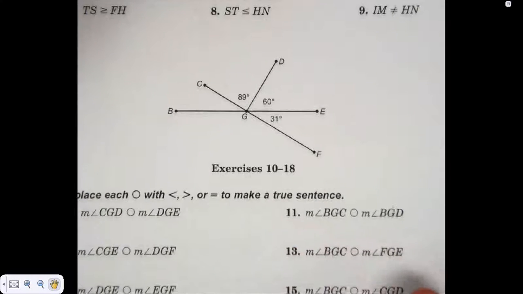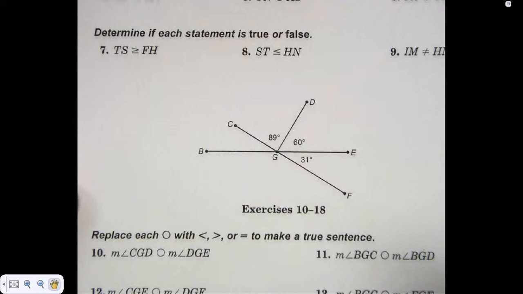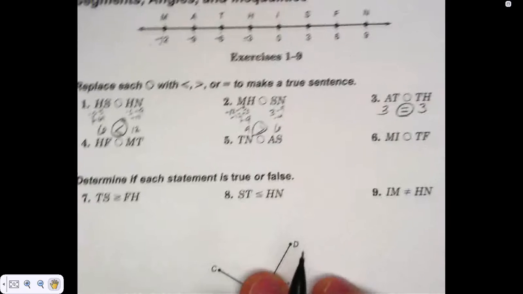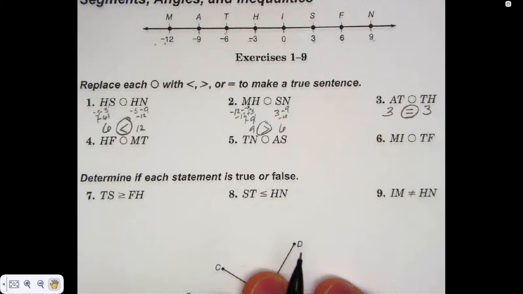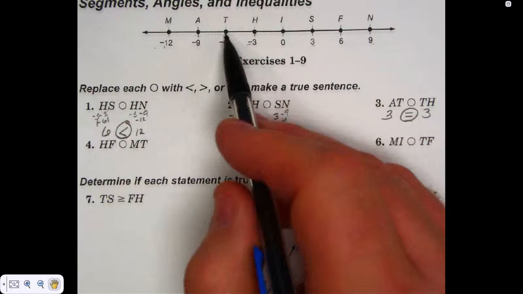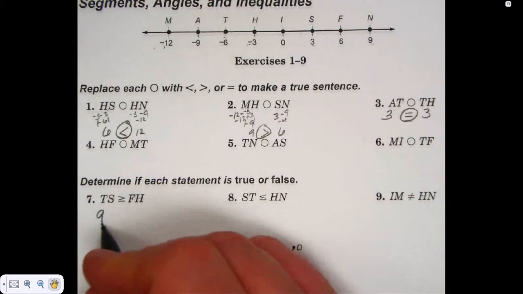Let's hop down here to 7. Basically say whether it's true or false. TS. Oh, it looks like we're still dealing with this up here. TS. Is it greater than or equal to FH? What is TS? T to S. It takes me 6 to get to here, then another 3. That would be how many? 9.